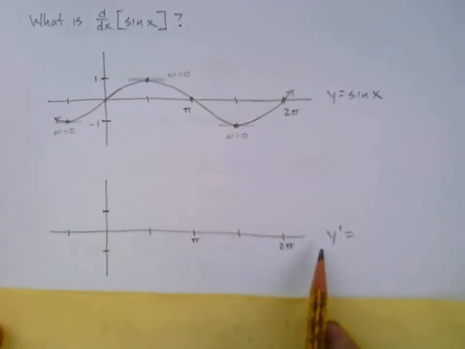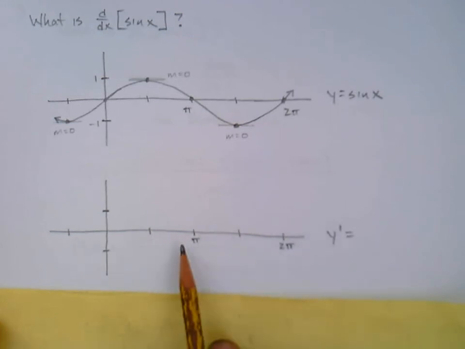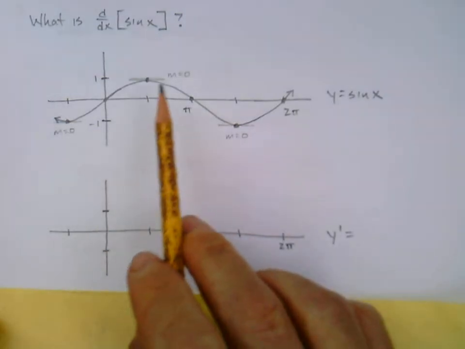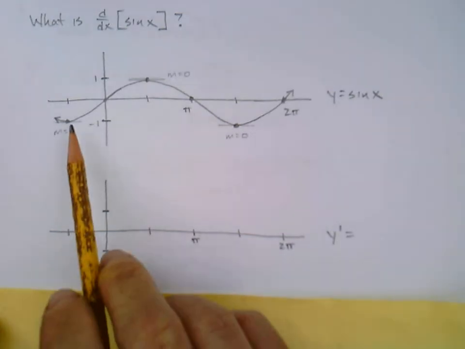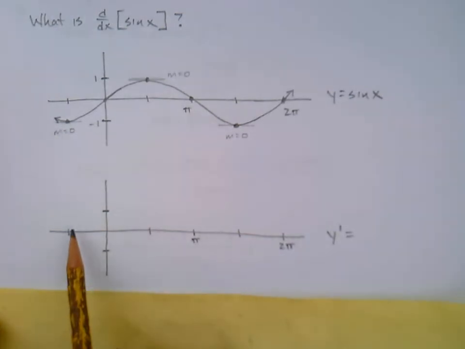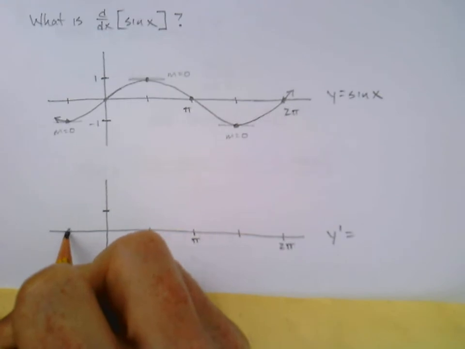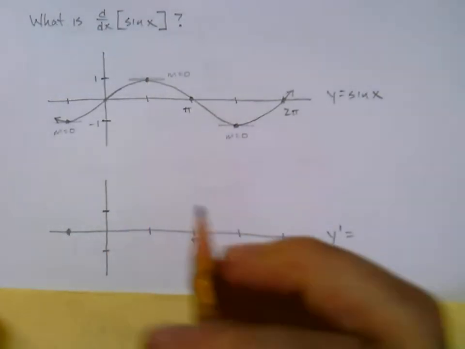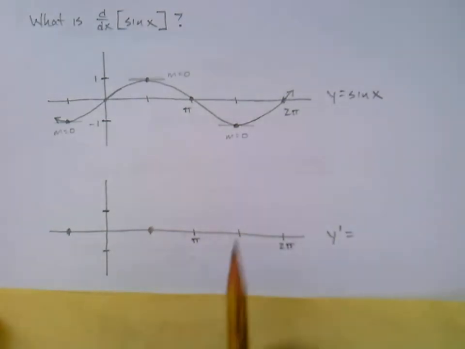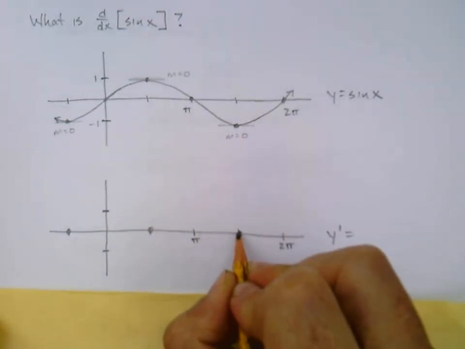When we graph the derivative, the graph is a graph of the slopes. The y values are the slopes. So here, the slope is 0, so we're going to plot it at 0. The slope is 0, so we're going to plot the y value 0. And the slope is 0, so we're going to plot the y value 0 there.